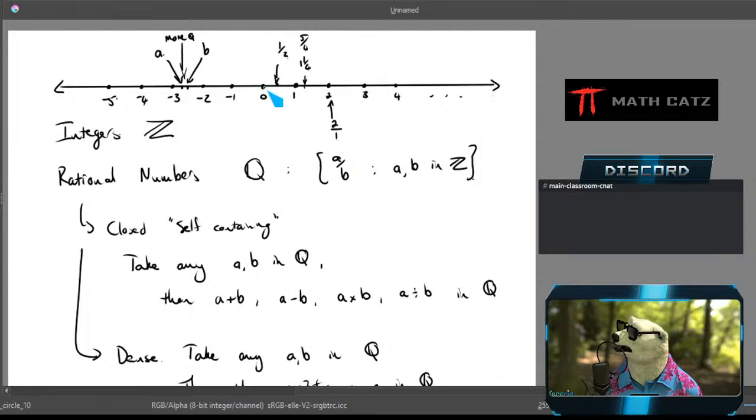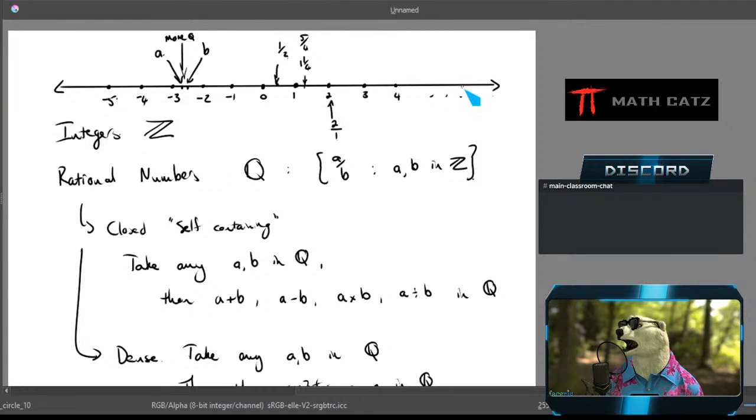You can make them super tight. You can make them 1 over a million and 1 over a million and one. There's going to be another rational number in between those two. So I have this density, which is why we draw the number line, because there are no gaps in between, no empty space. They are dense.